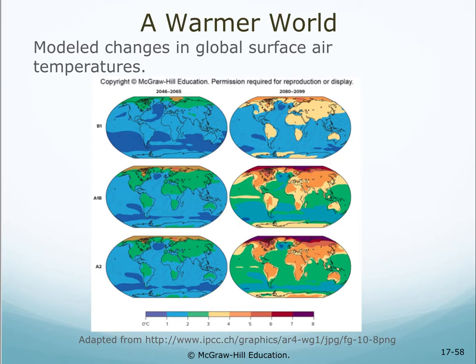The projected annual mean surface warming for the scenarios B1, A1, and A2 for the time periods 2046 to 2065 and 2080 to 2099. The temperature changes are relative to the average of the period 1980 to 1999.